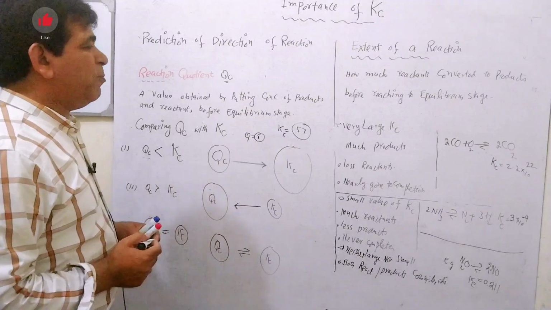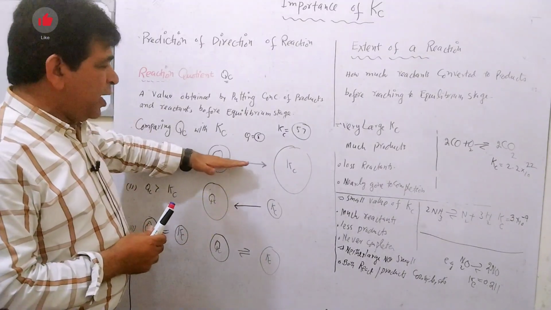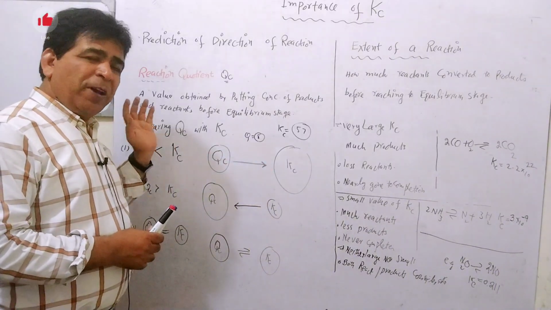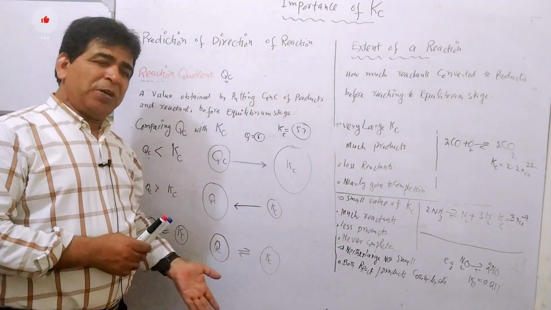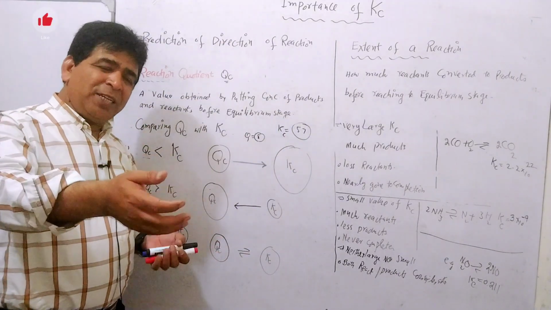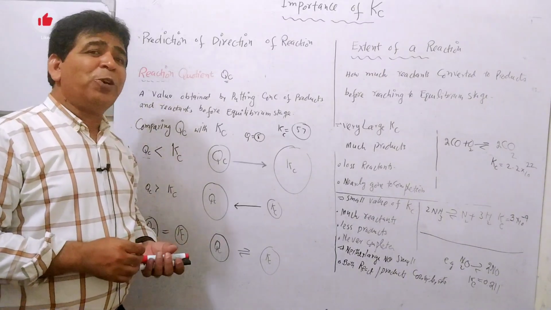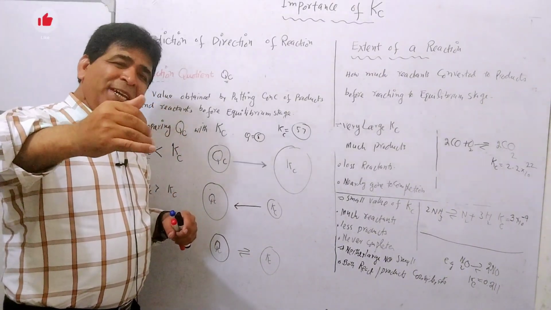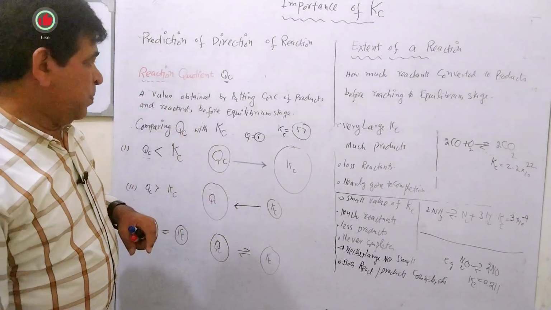So what will this predict? It will predict that the reaction will be moving in a forward direction, from reactants to products. Reactants will be converting into products at a faster rate than the products converting into reactants. So this small value of Qc indicates that the reaction is proceeding in a forward direction.